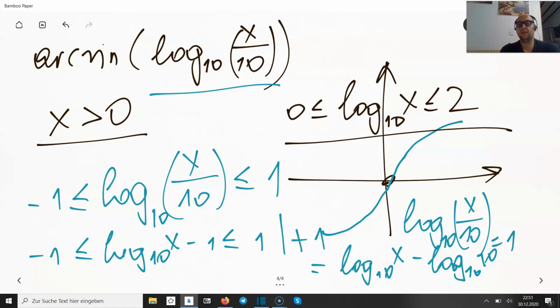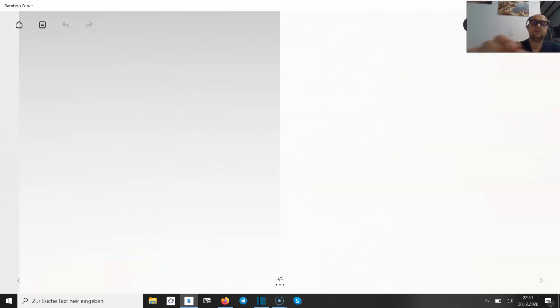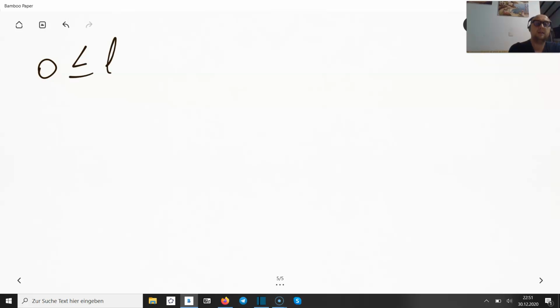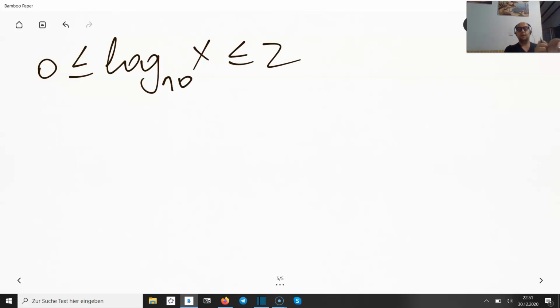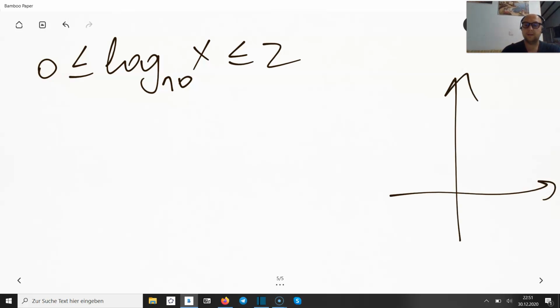That's the story. So let me write it again, logarithm of x to the base of 10 less or equal than 2. If we're considering the logarithmic function once again, we have the y value of 0 if we're considering 1.